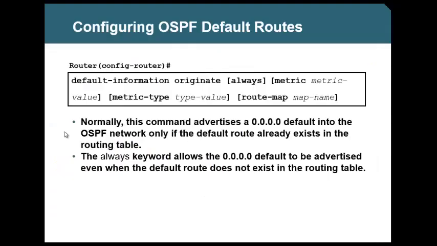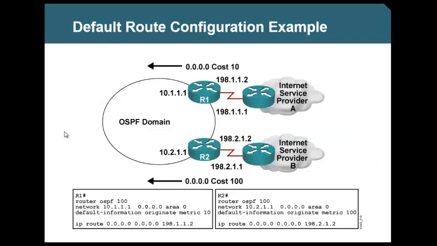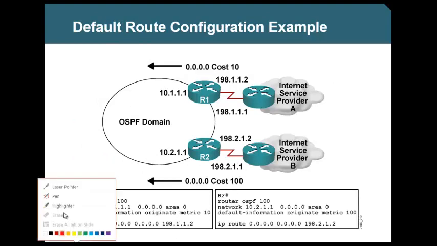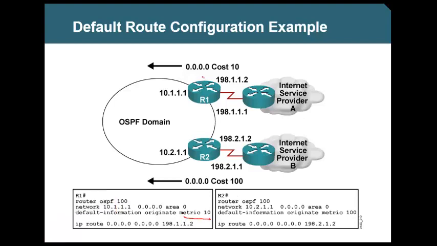So we just did this and we verified it is working fine. And you see the default command can also be used along with the cost. You can also set a metric, which I did not do in my example. If you have multiple ASBRs, multiple internet connections, and you want to prefer one internet service provider and use the other only if this one fails, then you can say default-information originate with a small metric on router 1 and a big metric on router 2, so that all the routers inside will prefer R1 as the exit.